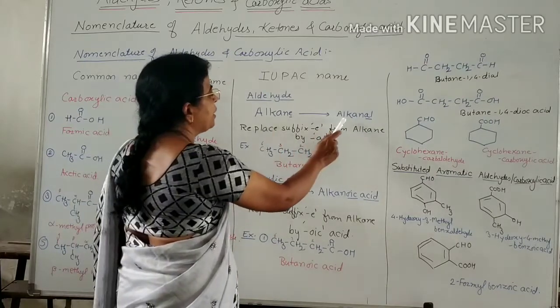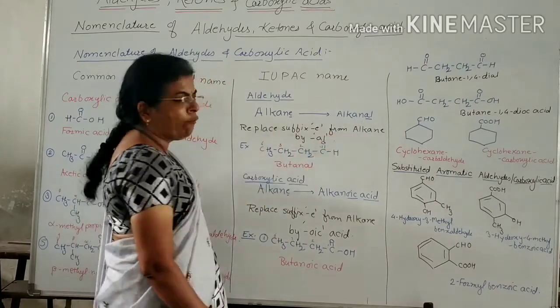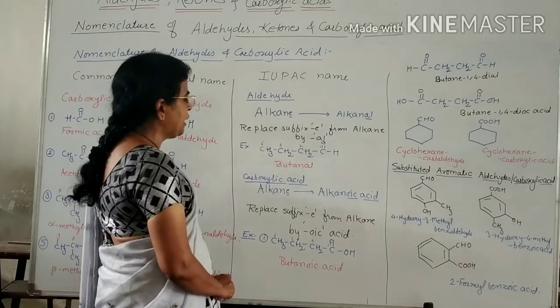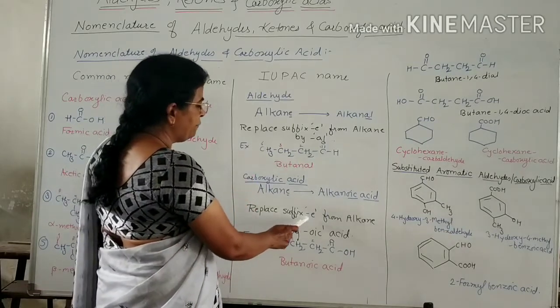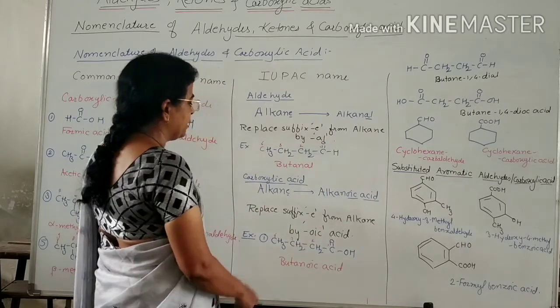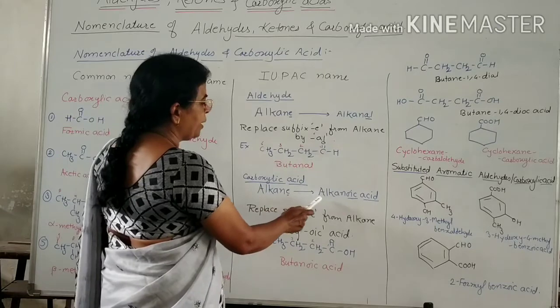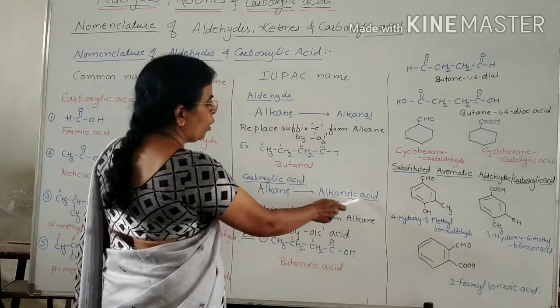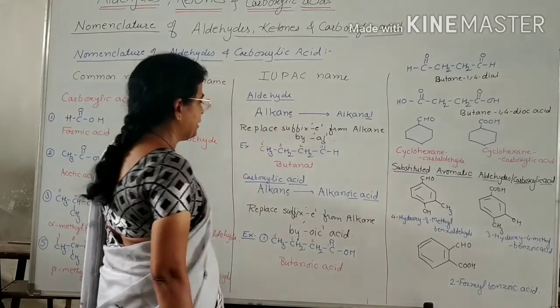Therefore, alkane becomes alkanal in case of aldehydes. Similarly, in case of carboxylic acid, replace suffix E from alkane by OIC acid. Therefore, alkane becomes alkanoic acid.